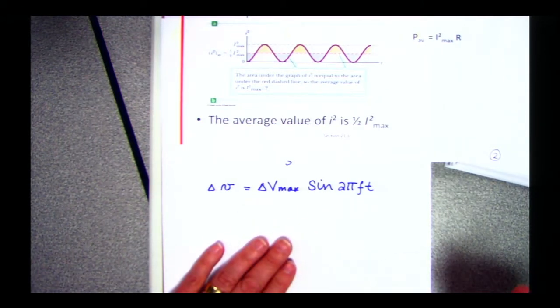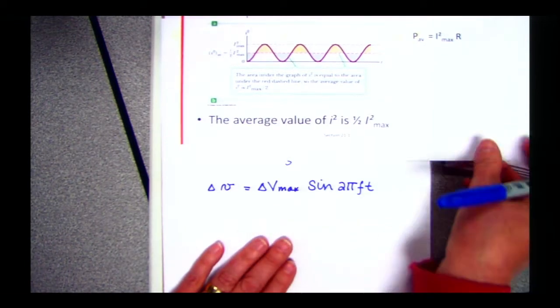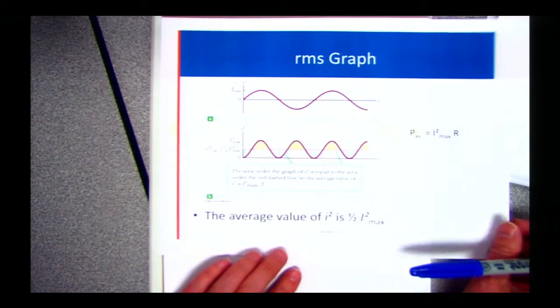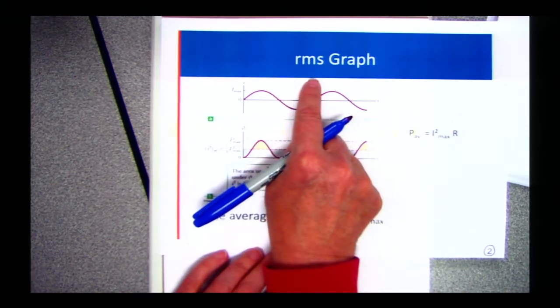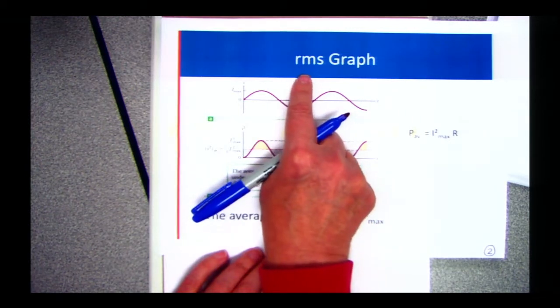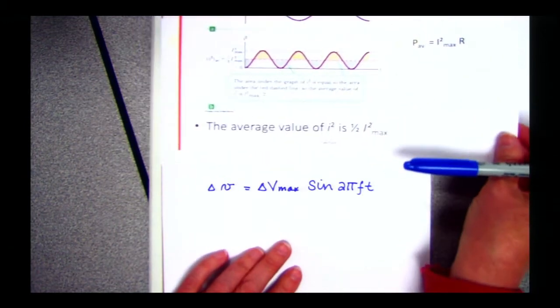We're going to look at an average voltage, we're going to look at an average current, and it turns out that it looks as the root mean square. So RMS stands for root mean square.